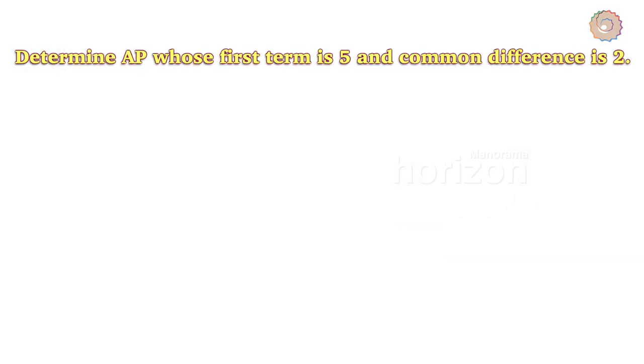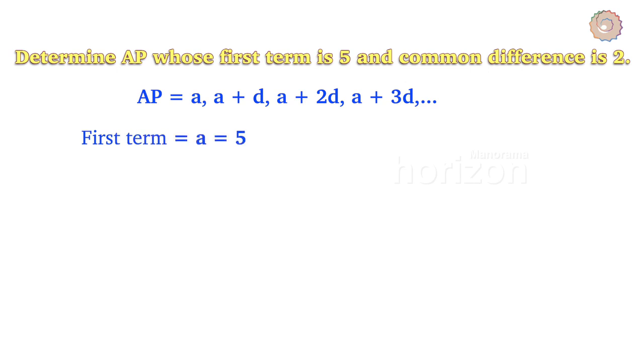For example, determine arithmetic progression whose first term is 5 and common difference is 2. Let's see the solution. Put the values in the general form of AP: A, A plus D, A plus 2D, A plus 3D. What you will get? We get the first term A is equal to 5. Second term is equal to A plus D, which is equal to 5 plus 2 is equal to 7.